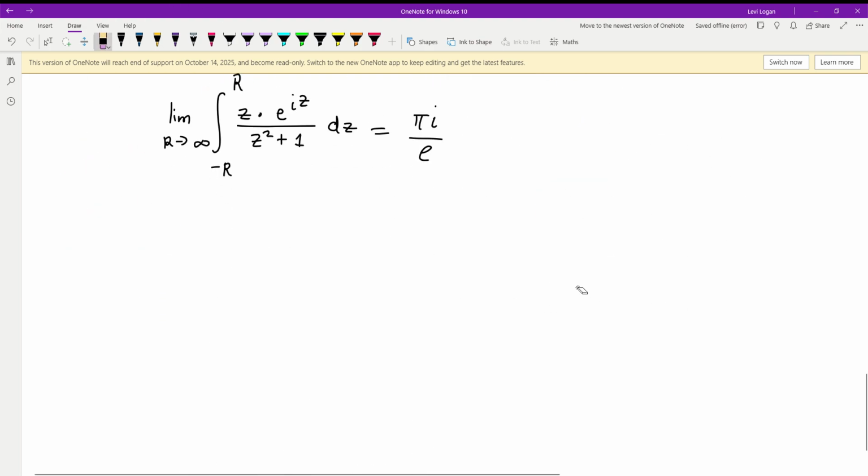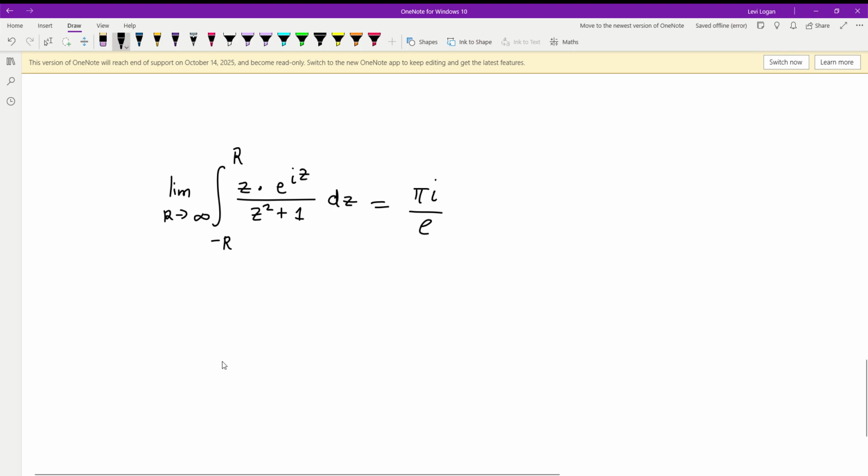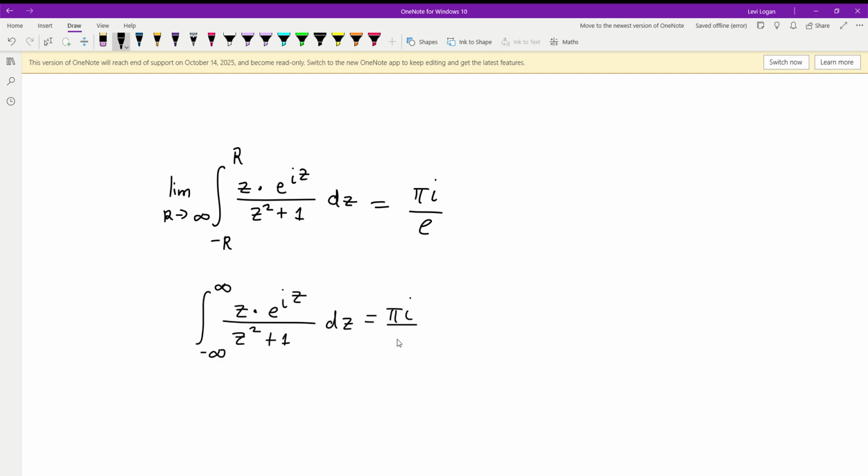Okay? Right. So here we can just change these to infinities. So we have the integral from negative infinity to infinity of z times e to the iz over z squared plus 1 dz equals pi i over e.